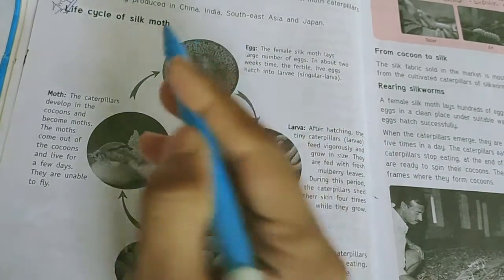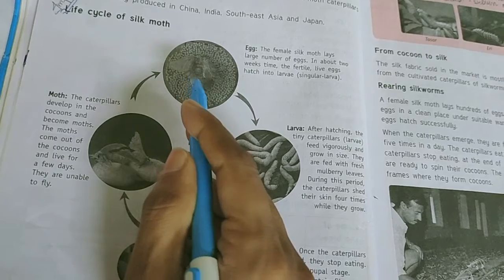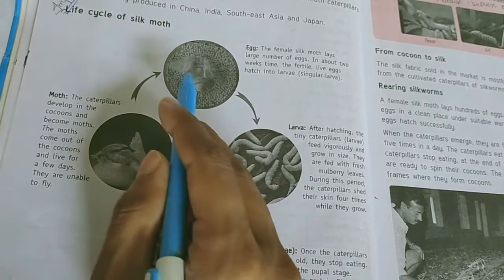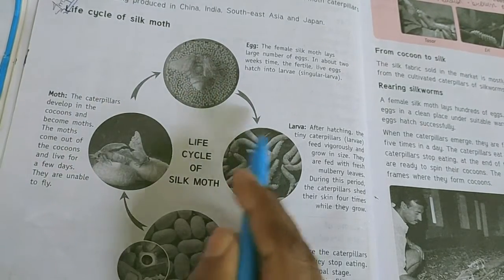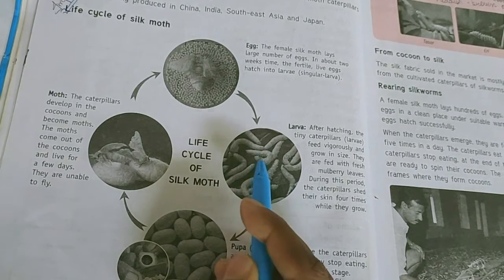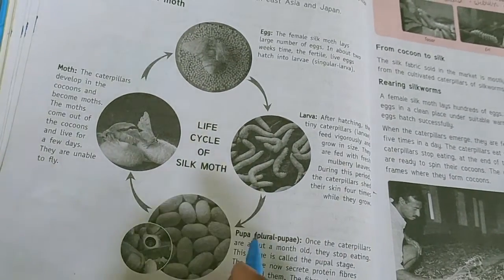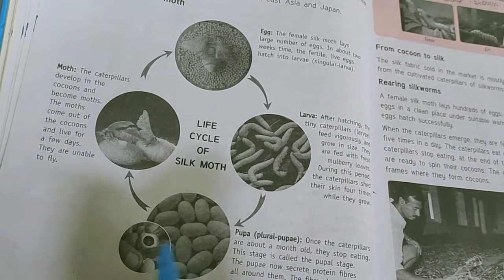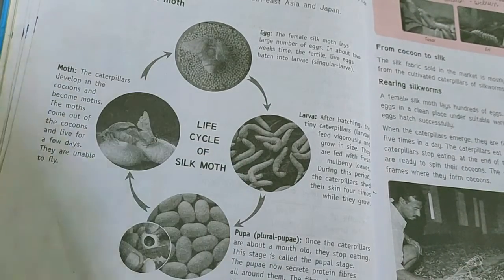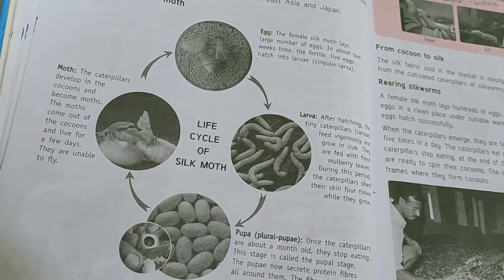So the moth lays eggs, the eggs hatch into tiny caterpillars which are called larvae. The larva then forms cocoons, and then from the cocoons the silk moth comes out.